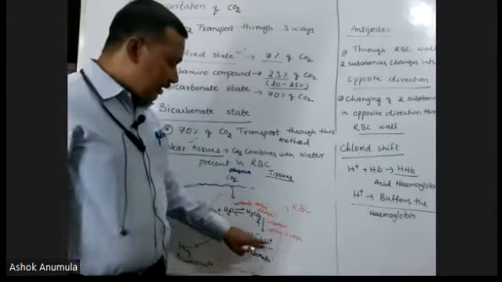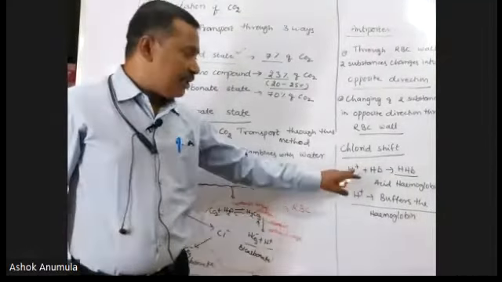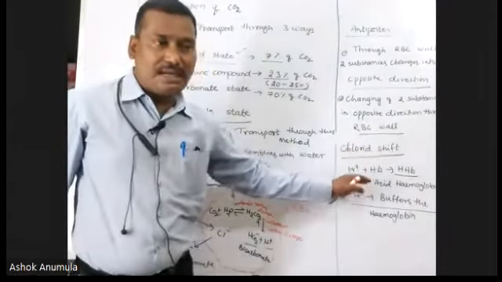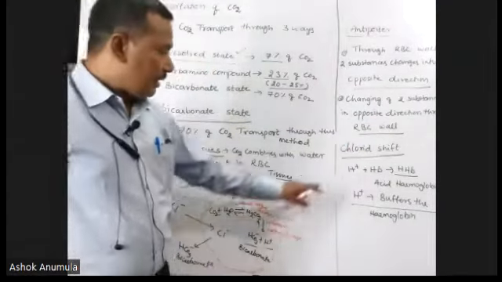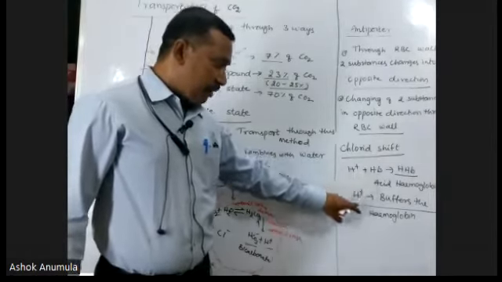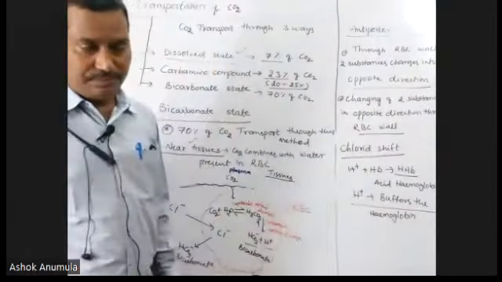And this H plus ion combines with hemoglobin and develops into HHb, acid hemoglobin. In this, the H plus ion buffers the hemoglobin. Most important thing: H plus ion buffers the hemoglobin.